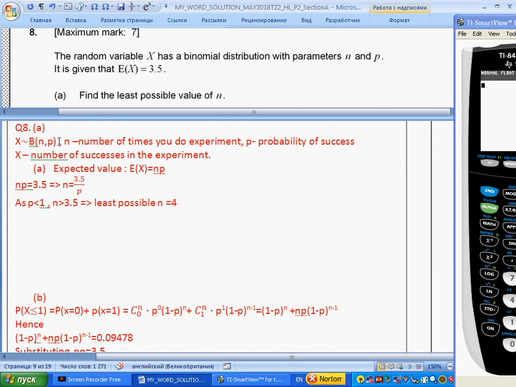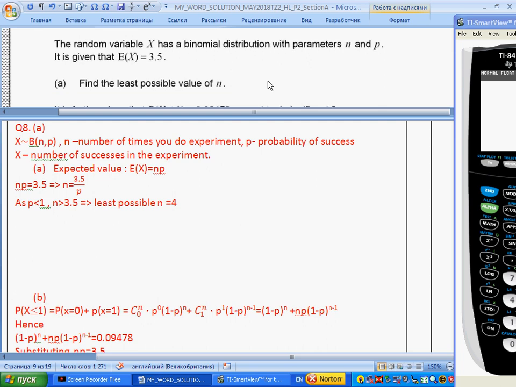P we don't know, n we don't know. Expected value, you should remember the formula. Expected value equals np. So np equals 3.5, n equals 3.5 over p. P is probability, so it should be less than 1. As a result, n is more than 3.5, so least possible value is 4.